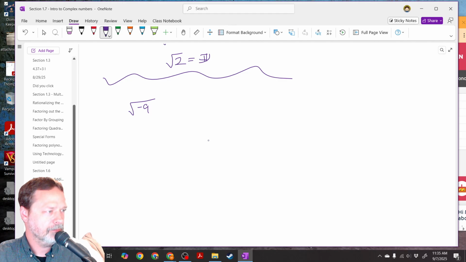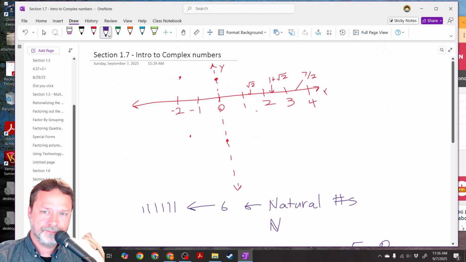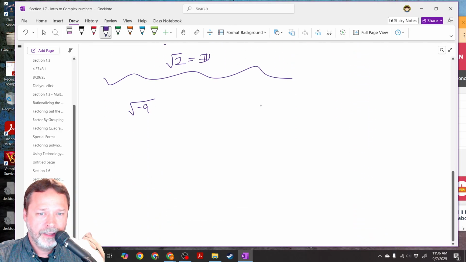And so we have this rule, a negative times a negative is a positive. But remember, those are numbers on the number line. So we need new numbers that aren't on the number line. We're going to use this little rule here.